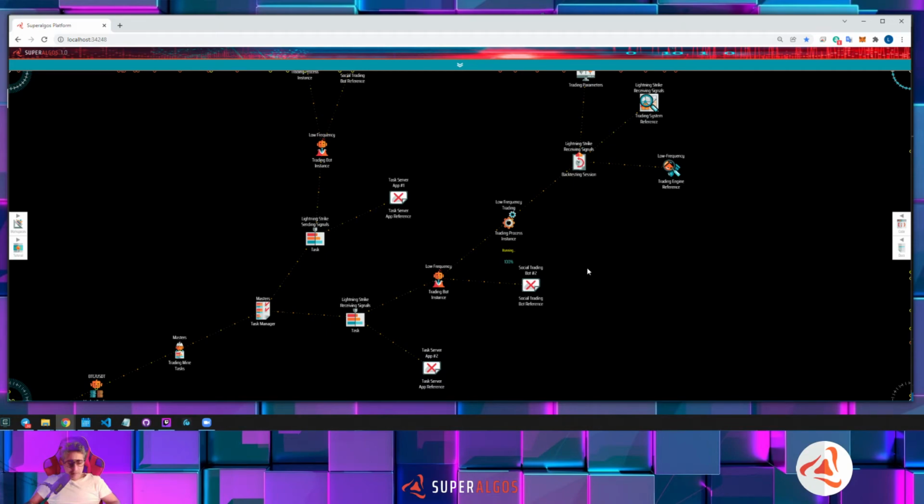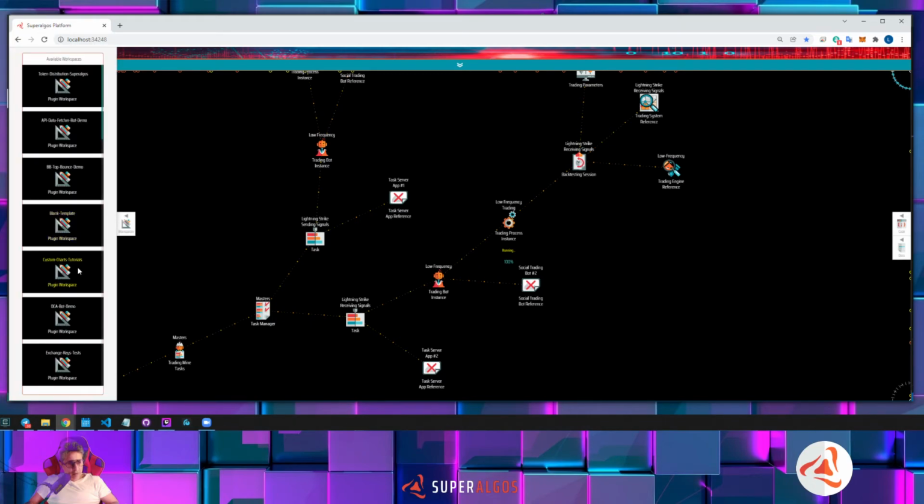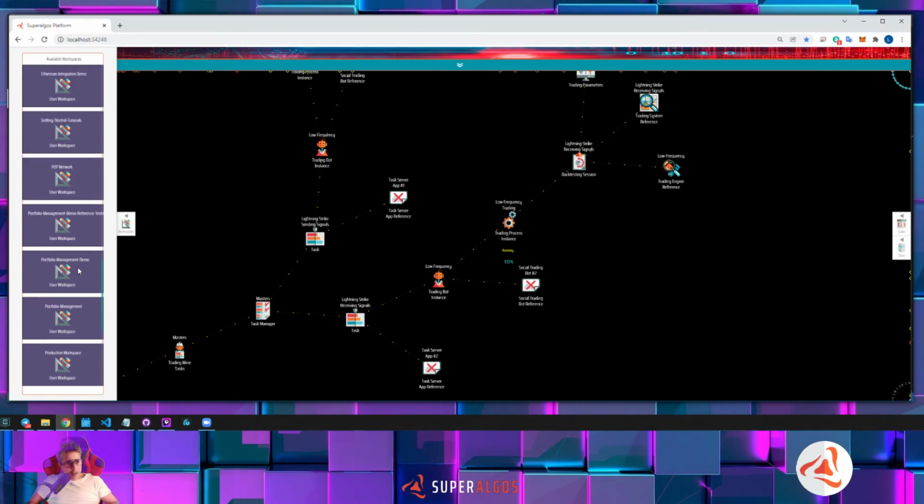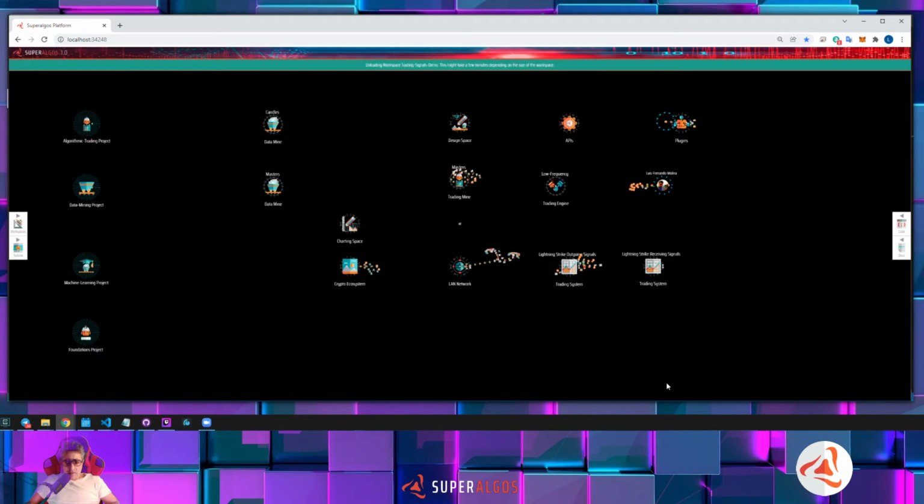Okay, so this is a little bit difficult to debug problem. We'll go to the other workspace first. To the getting started, where is it? Getting started tutorials.